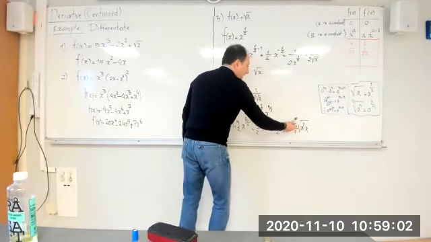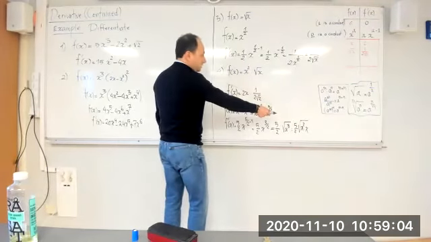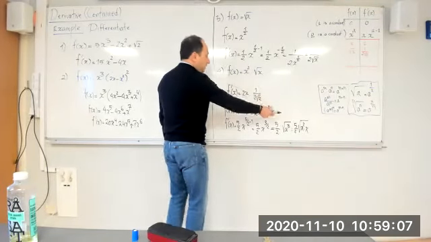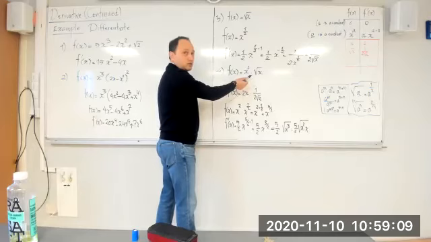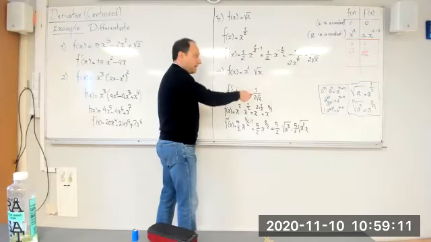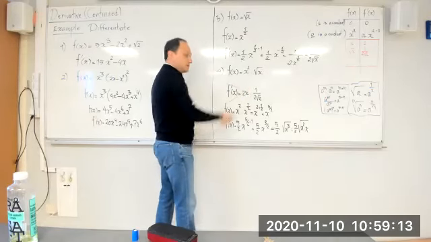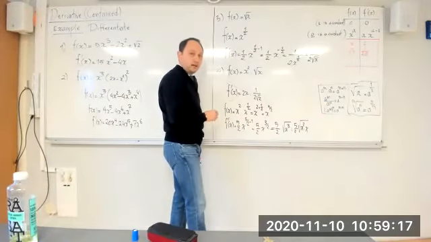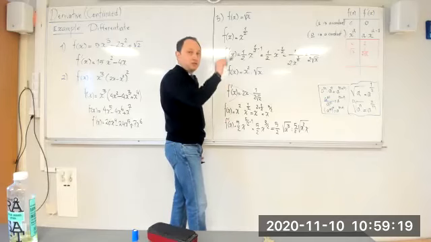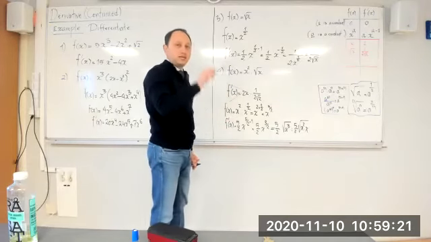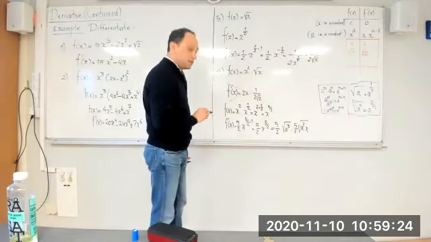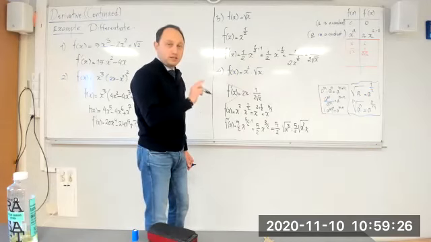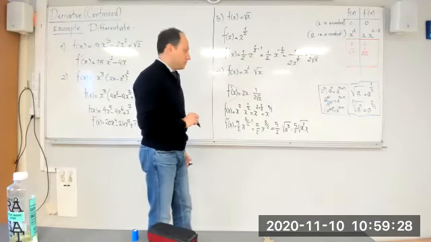But I need to take x out, but x is positive here in this case, because in the function, the square root of x appears. So it means that x should be positive, otherwise the function is not defined in the first place. So this is why I don't need absolute value. But I told you that the square root of x squared is always and always equal to the absolute value of x, unless you have a good reason why you want to remove the absolute value sign.